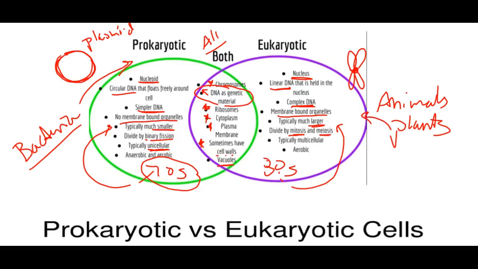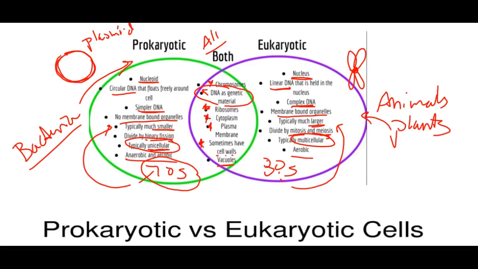Bacteria would be prokaryotes. It makes sense that animals and plants would be eukaryotic, while bacteria are prokaryotic, because prokaryotes are typically always found in a unicellular form. And plants and animals are always multicellular and a lot more complex. Eukaryotes are most of the time aerobic, and prokaryotes can actually be anaerobic or aerobic, and that'll make more sense when we get into cell respiration in Chapter 9.